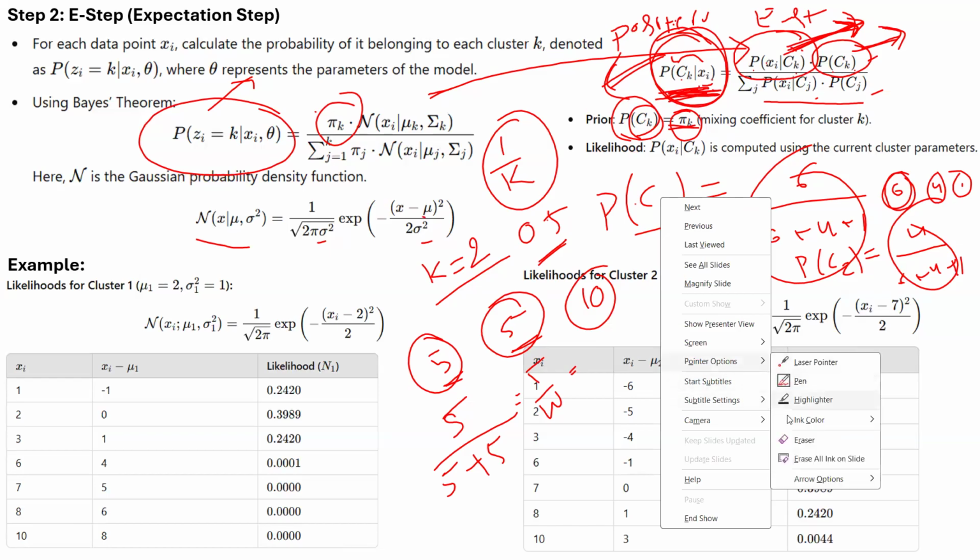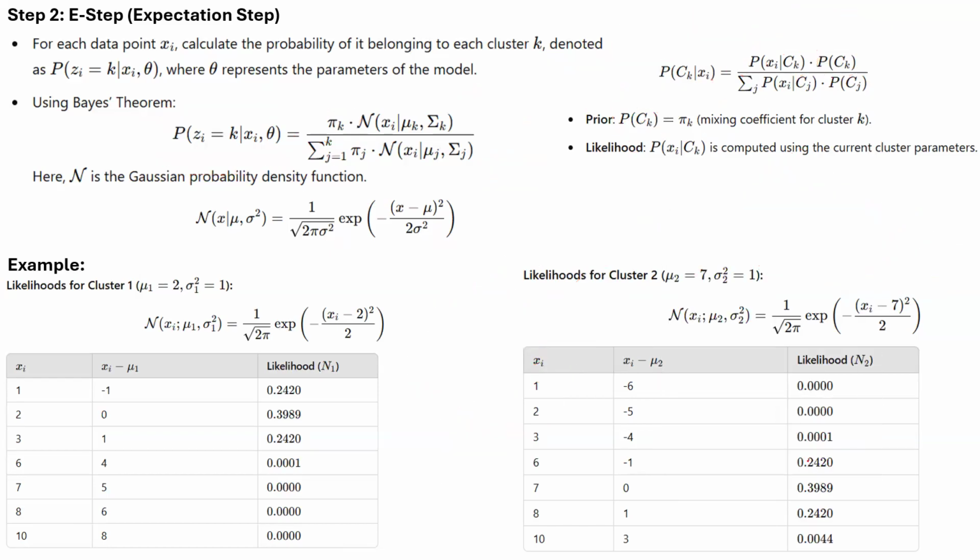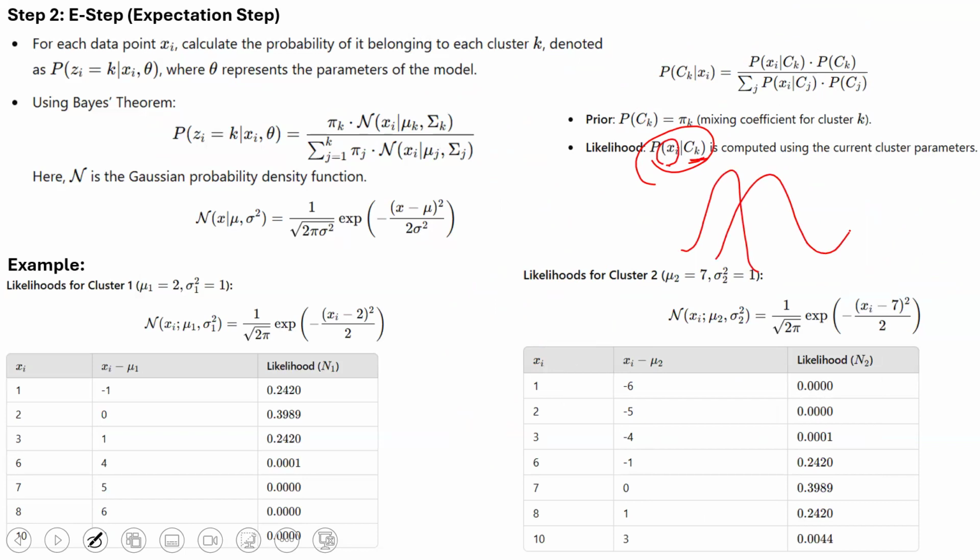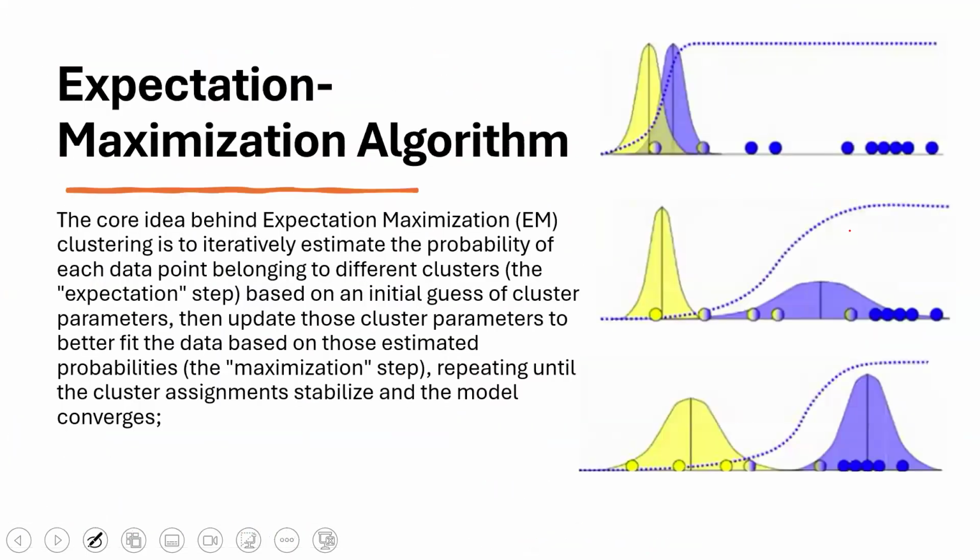But the likelihood is the probability of a point given a cluster. You can have n number of clusters as I have shown you. Given a cluster, the probability of a point xi is what we are trying to calculate.